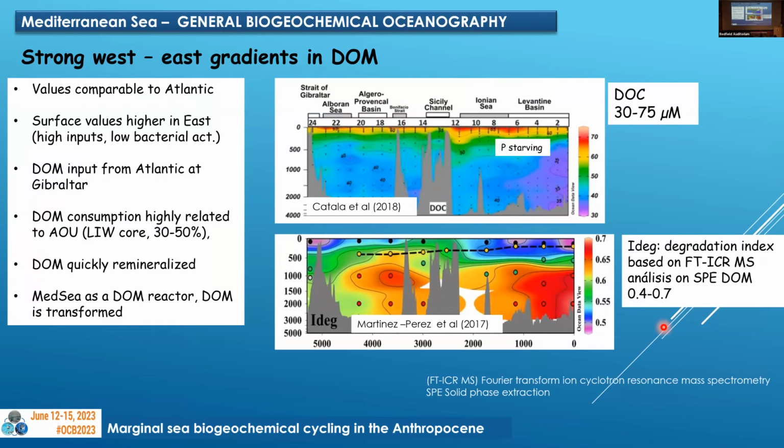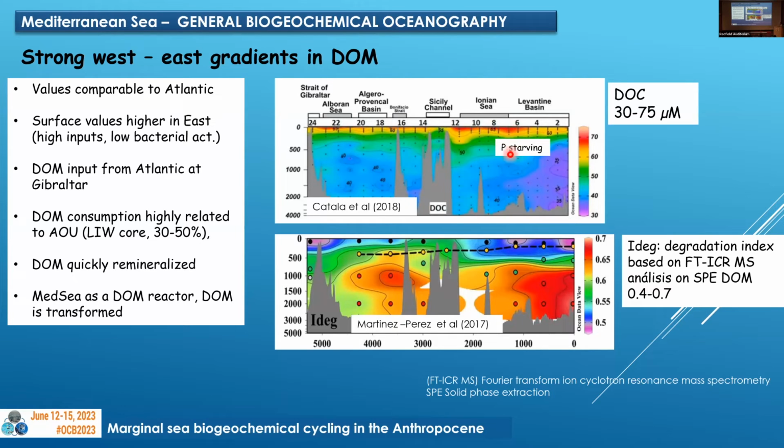With regard to organic matter, this is the distribution of DOC from west to east, and values compared with the Atlantic, but you can see an enrichment of DOC towards the east, and this is because mainly bacterial activity is limited by phosphorus, so DOC concentrates here.